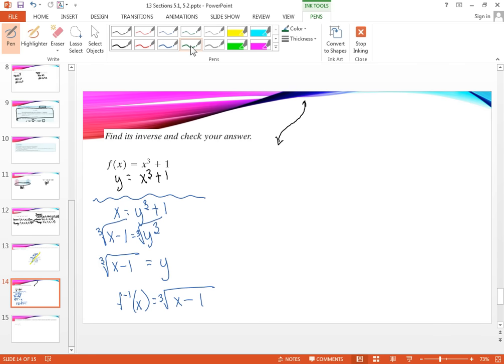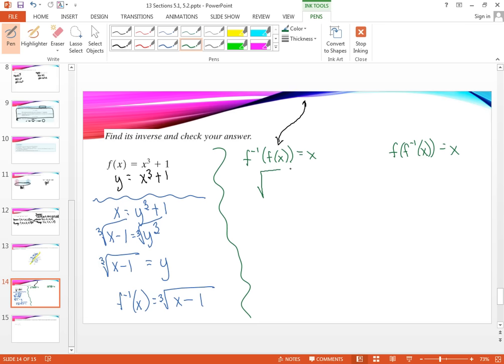Now this check your answer part. That's the part where they want you to do f inverse of f of x and f of f inverse of x. And both times it's supposed to fall out until you get x. So let's see. Suppose we do f inverse as the pattern.